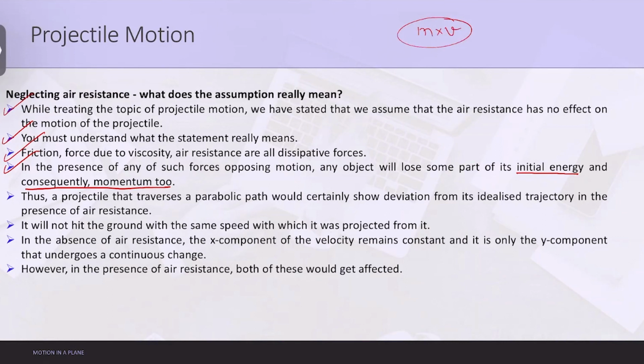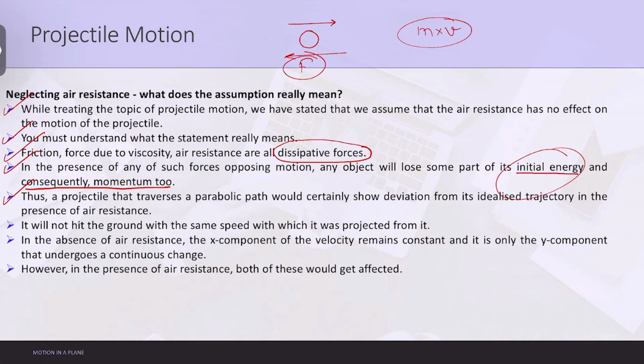If such forces exist, and because they are opposing forces, if we are moving in this direction, then generally these forces are in the opposite direction. So if it is decreasing its energy, it will decrease the momentum too.